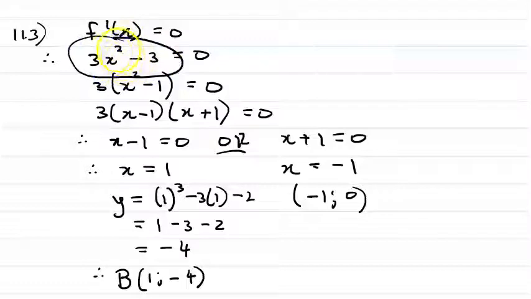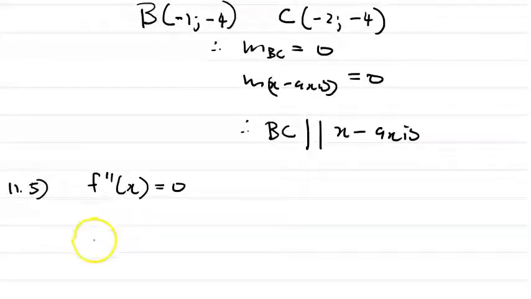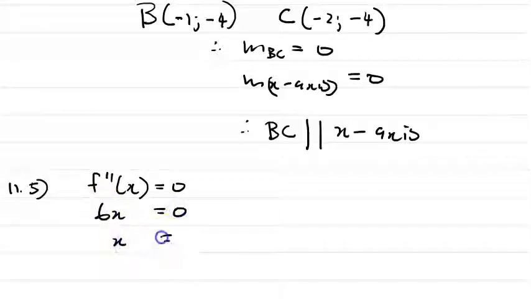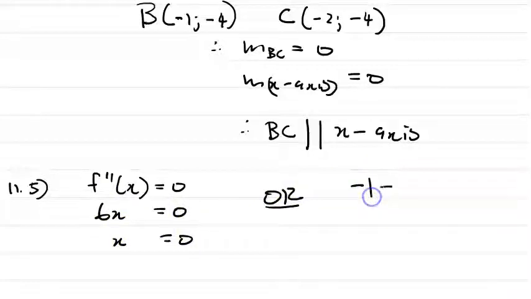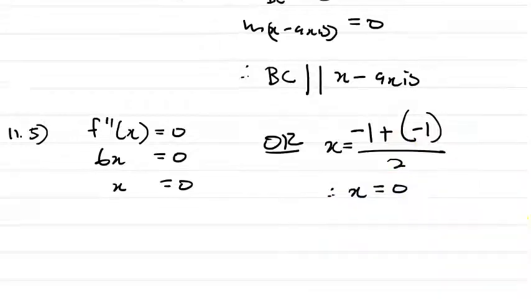So therefore the second derivative will be 6x equals 0. Therefore x equals 0. Or the other way I told you, you can find the x-coordinate of the point of inflection is to average out the x-coordinates of your turning points. Therefore in this case, the point of inflection, by using this method, will also give us x equals 0. Alright? Next question.